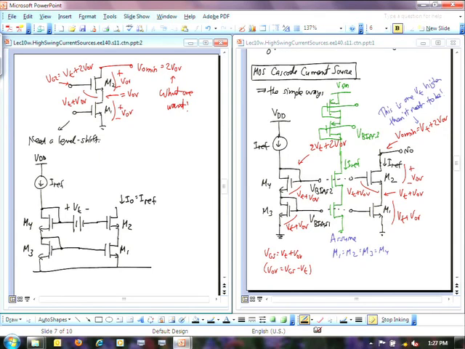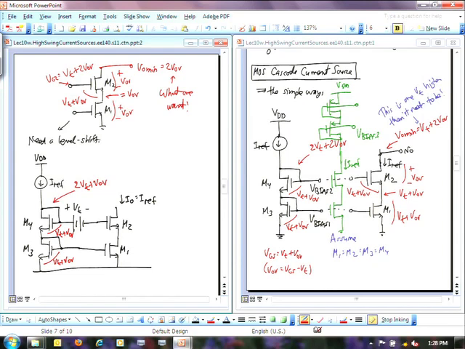Okay, but now if we look at this thing, we can do that exact same analysis. Right across here we have VT plus VOV. Here we have another VT plus VOV. That does still generate 2 times VT plus VOV here, but now we're going to level shift that down by VT.